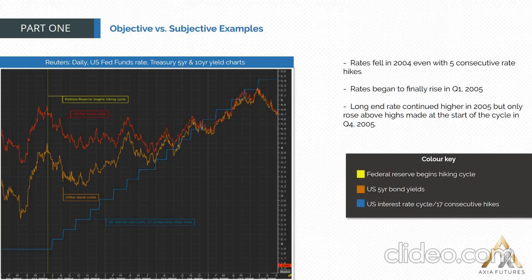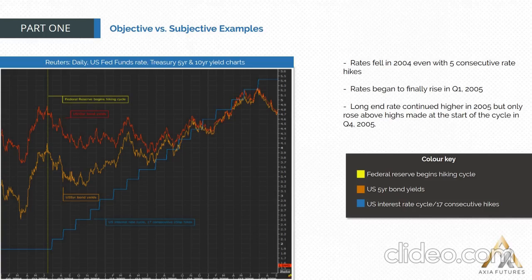So just imagine, for the year of 2004, when the Fed had hiked 5 times in a row, imagine you were on the wrong side of this trade for almost 5 or 6 months. How would that have felt? How would it have felt to be offside on an idea that you thought was absolutely flawless based on history? How would that have felt?